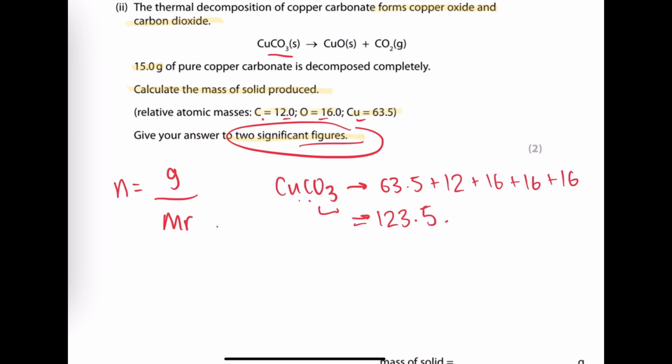123.5. And now what is it for copper oxide? They only want us to calculate the mass of the solid produced, so they don't want this, as you can see, because it is a gas. We only want the solid, which is only copper oxide. If you find the relative formula mass of copper oxide, that is 1 copper, so 63.5, and 1 oxygen, so plus 16, that is 79.5.